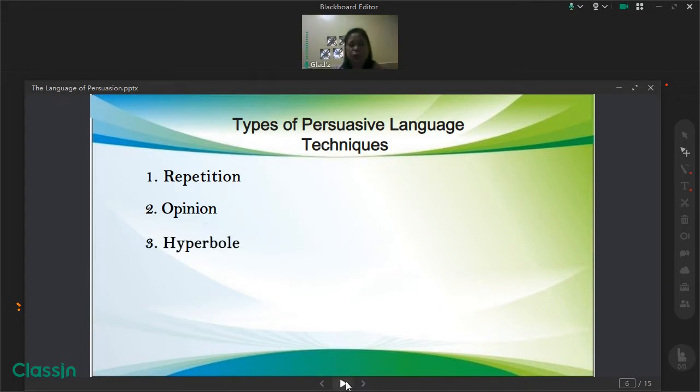Third one is hyperbole, the use of exaggerated words. We all know that when we exaggerate, we overreact. When you overstate or exaggerate, it reinforces your point of view and gives it greater importance.